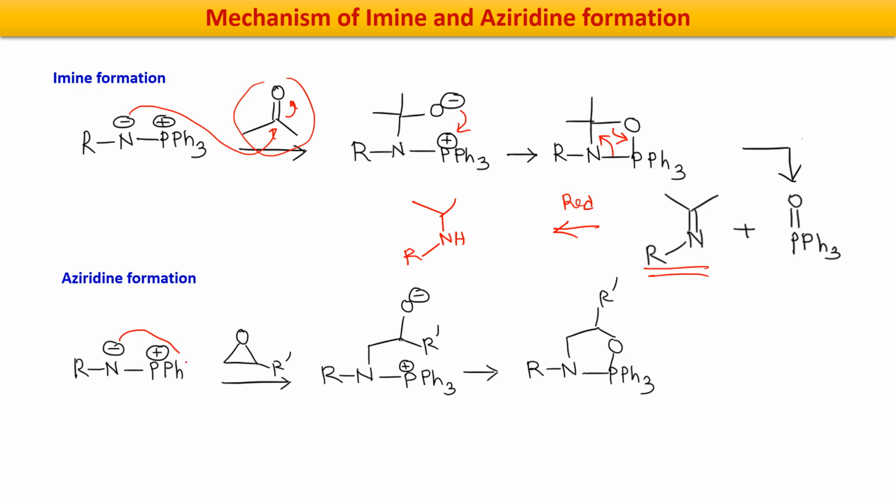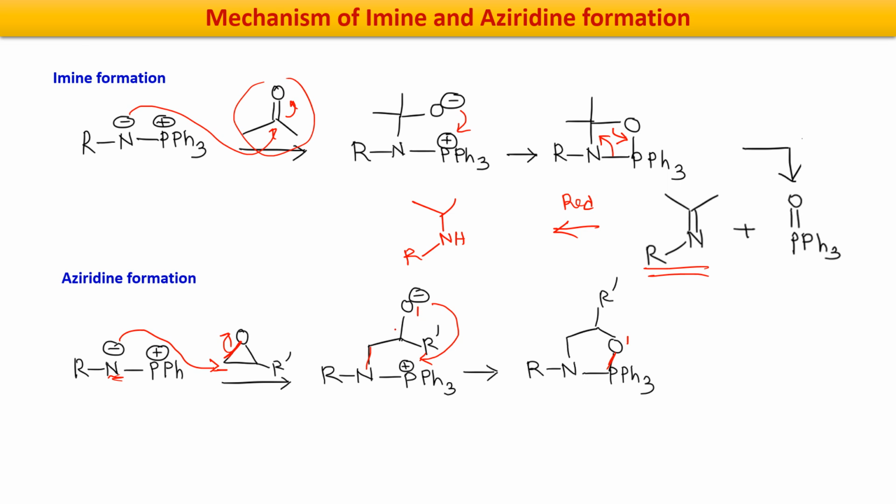So this negative charge, if it is attacking here, C-O bond is broken. Now this carbon oxygen bond is broken, and this nitrogen and this carbon, there will be a bond, right? Now this negative charge can attack this P plus, and ultimately there will be O-P bond formation. And if you are having any trouble to understand, just put some numbers.